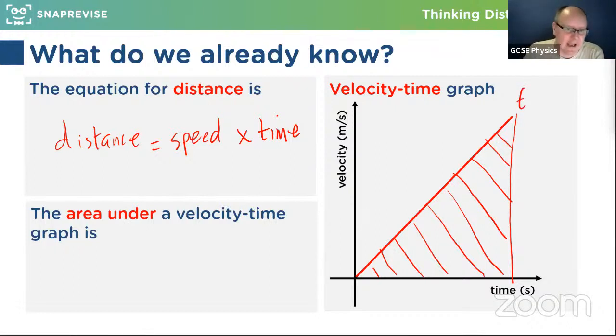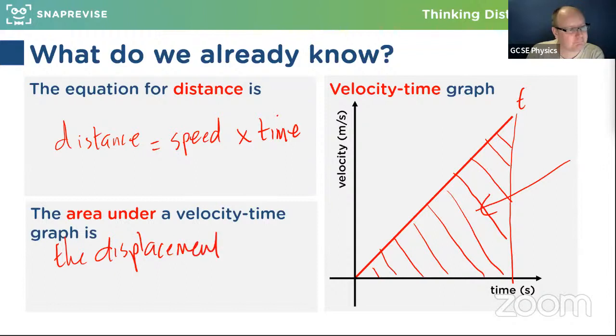We can calculate that area using the formula for the area of a triangle. It's really straightforward with this one: half height times base. So the area under a velocity time graph is the displacement of a moving object.